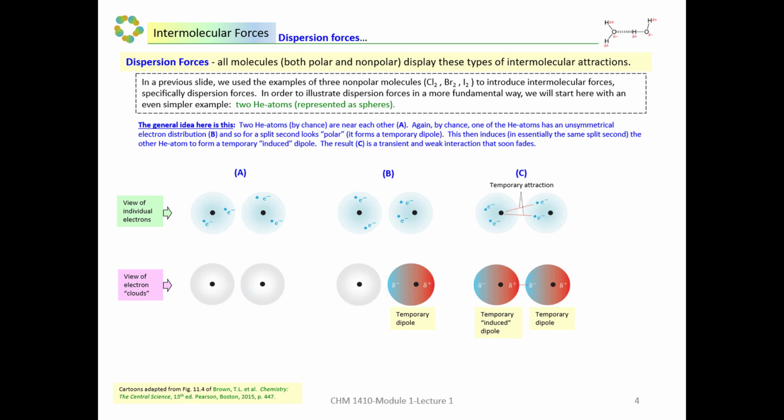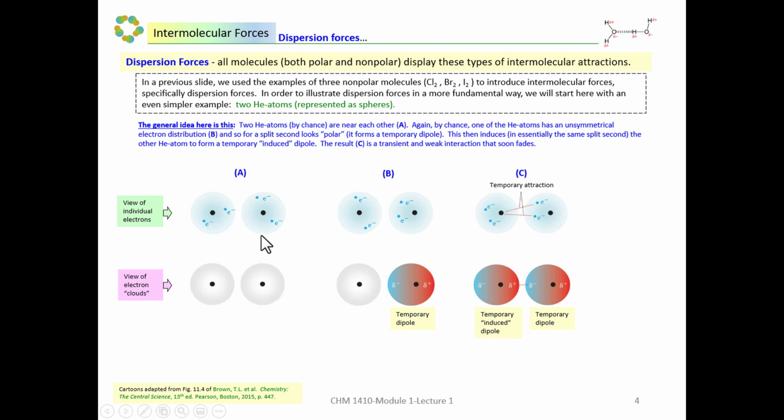And we're going to say that if we took a snapshot picture, the 2 electrons in this helium atom are here and here at that instant, and 2 electrons for this helium atom are here and here. And if we just take a purely electron cloud view, we'd say the electrons are evenly distributed around each nucleus.